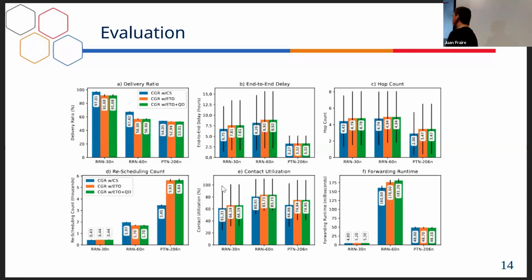But what can be assumed from those results is that contact segmentation is at least as good as ETO or ETO plus Q delay. And of course, all of them use the EVL filtering technique as specified by SABR. And that's all for me. Thank you very much.